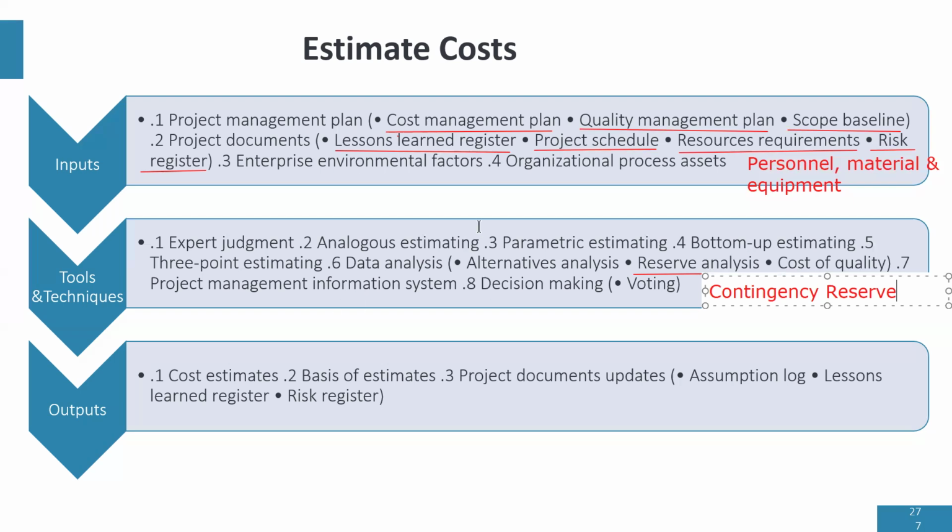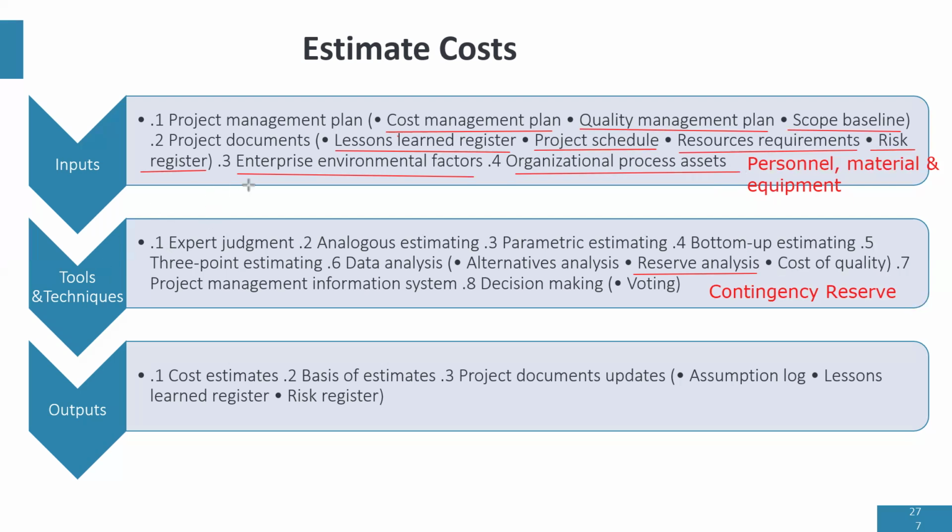That can happen on that activity. And then we have enterprise environmental factors and organization process assets, which includes your historical information, lessons learned, and we can also have access to past projects and get cost estimates from them.